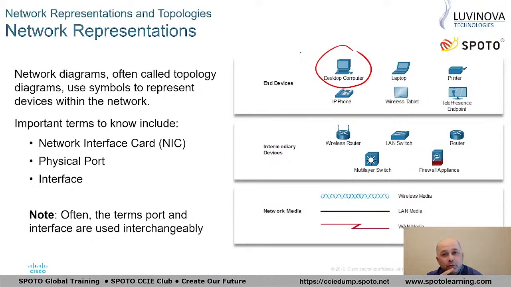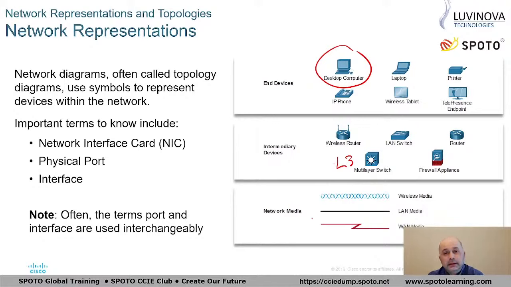But if you provide a hotspot from your mobile phone to another person, then your phone becomes an intermediary device. So intermediary devices here are a wireless router, LAN switch, router, multi-layer switch, as we already talked about, it's a layer 3 switch, which has router capabilities, and firewall appliances.